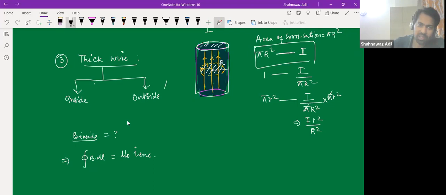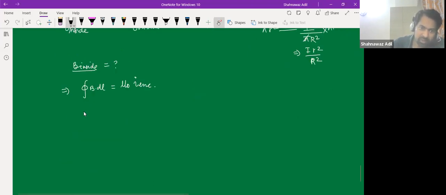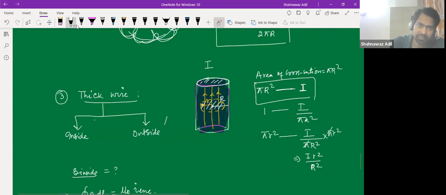B dot dl would be B into 2 pi r, because this is the Amperian loop and its length is 2 pi r.